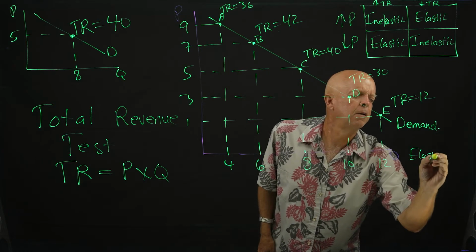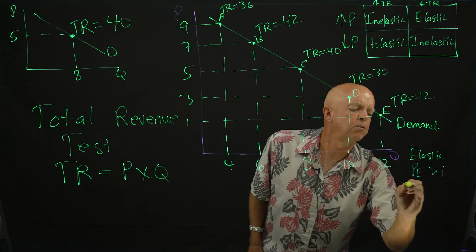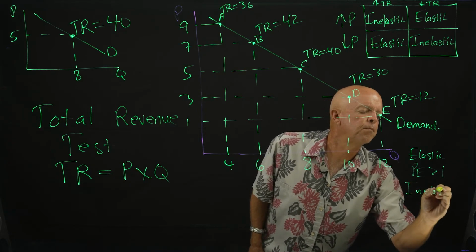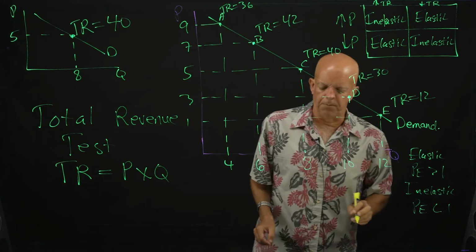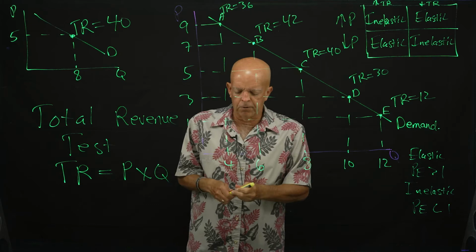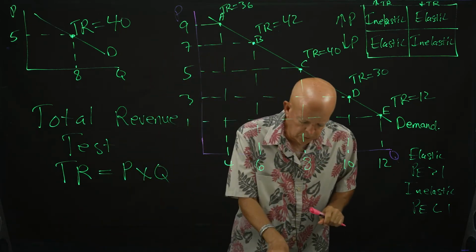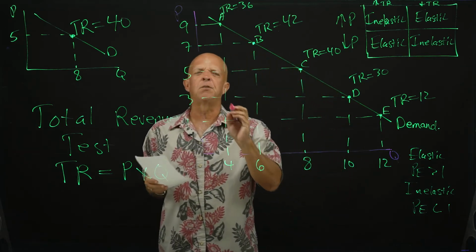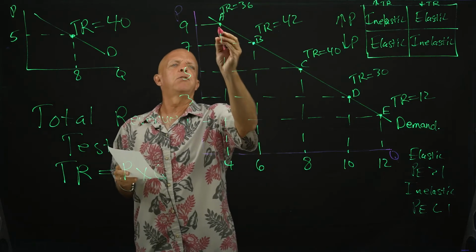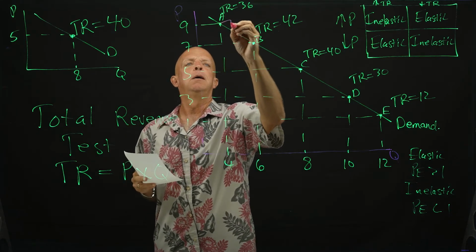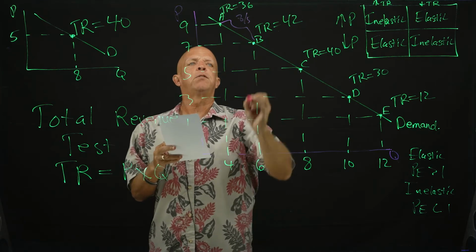Just remembering that if it's elastic, PE is greater than 1, and if it's inelastic, PE is less than 1. So let's look at some of these elasticities, and let's see if this really holds true. Now I use the midpoint method. I won't go through the calculation. You can do it on your own, but the elasticity between A and B is 8/5.